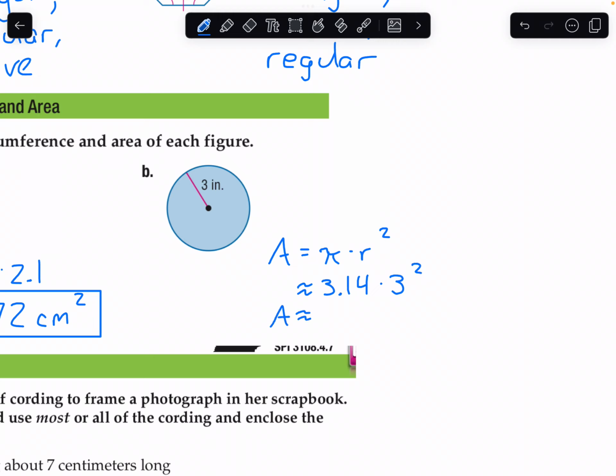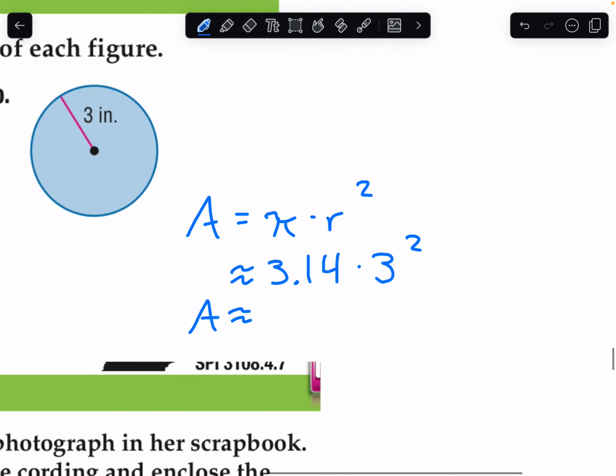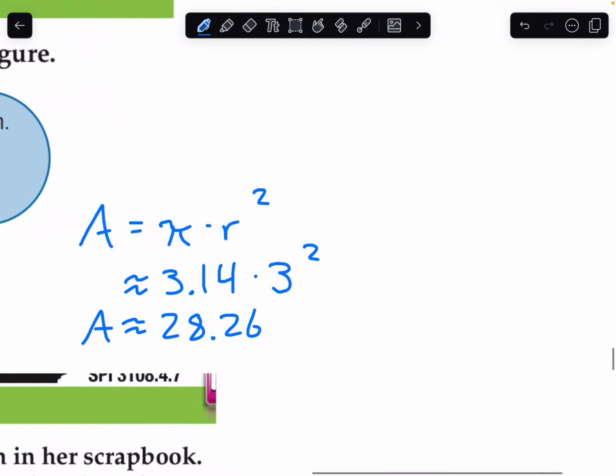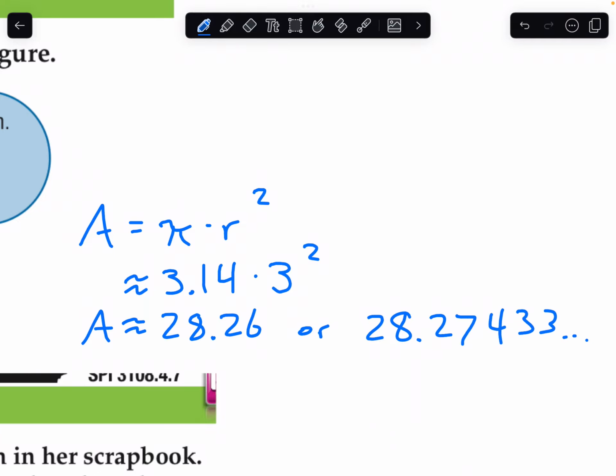So the area will be 3 squared is 9 times 3.14. That'll be 28.26. Some calculators do have a pi button. So if you use that, you would find you get 28.27433, etc.